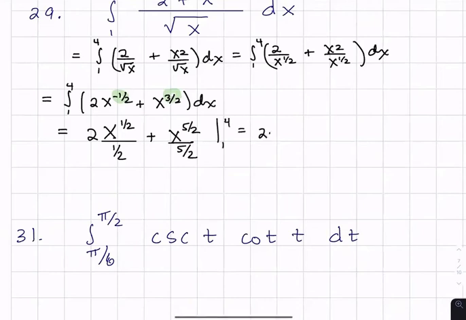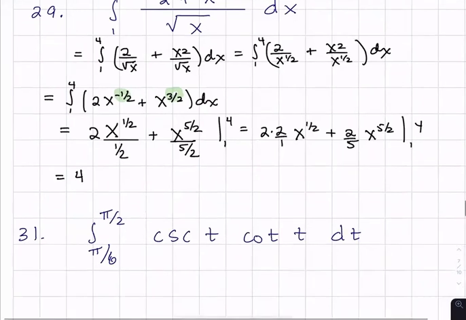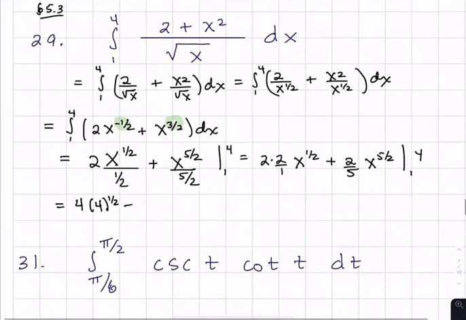Before I do that, I think I'm going to do that by multiplying by the reciprocal. Okay, so I'm going to put in the top bound, 4. And then I'll have 4 to the 1/2, which is the square root of 4, plus 2/5, and I'll have 4 to the 5/2.